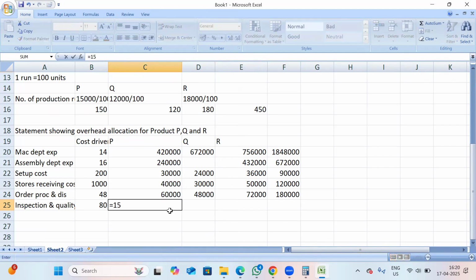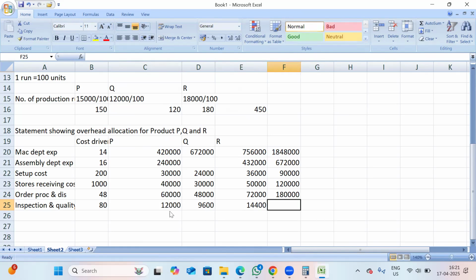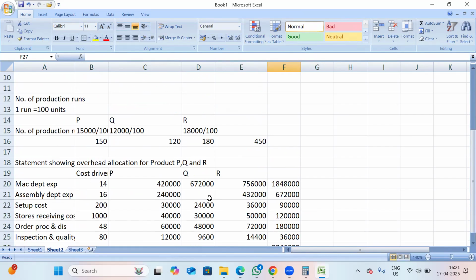So 150 into 80 rupees, 120 into 80, 180 into 80. So total will be 29,46,000. This also will match with the total overheads. So that's it, our overhead allocation summary is over.